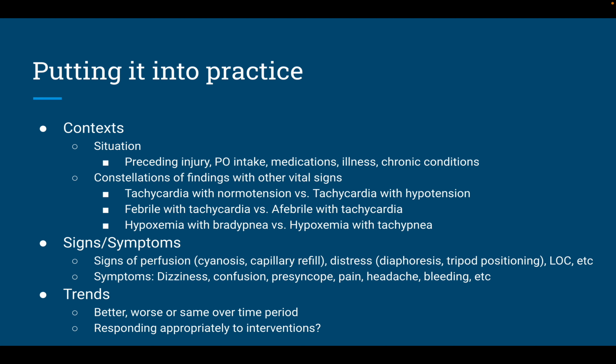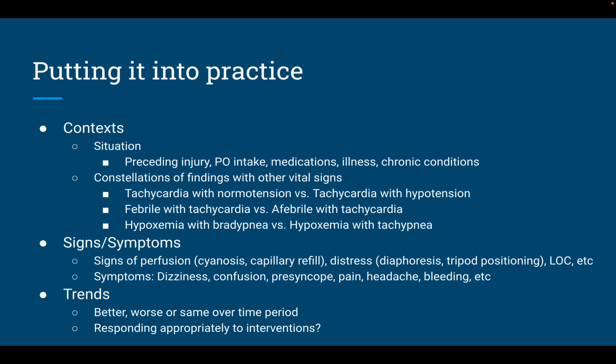The constellation of findings in conjunction with other vital signs can also be helpful. For example, someone who's tachycardic with normal blood pressure, or normotension, and somebody who's tachycardic with hypotension. The person who is, for example, losing blood and their heart rate is increasing to compensate and they're maintaining a normal blood pressure is fairly reassuring, as opposed to somebody who is increasing their heart rate but they're still hypotensive.